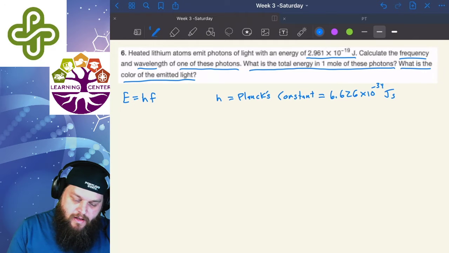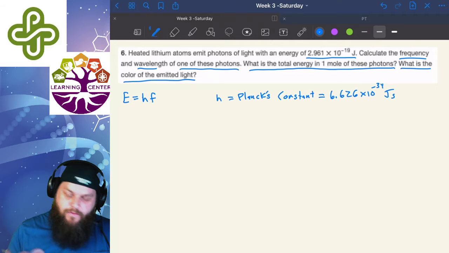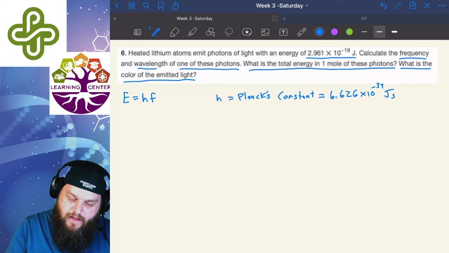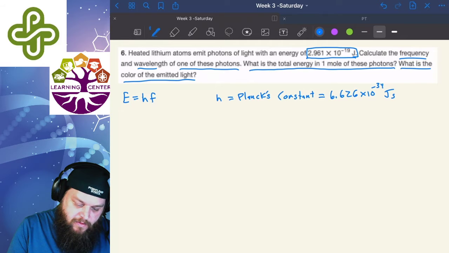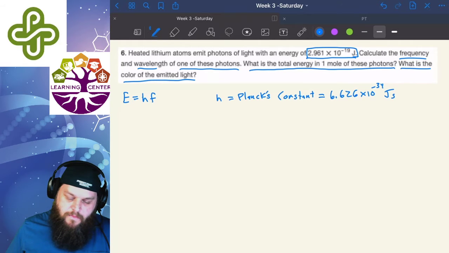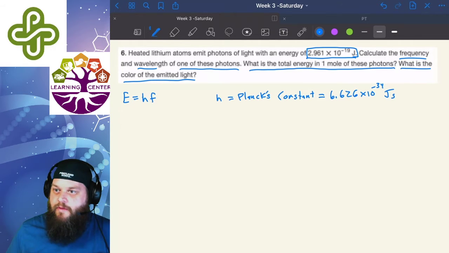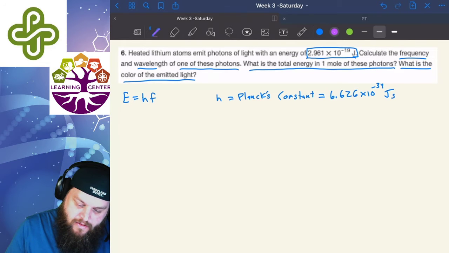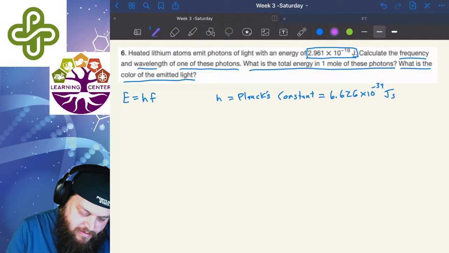So we can utilize that to solve for frequency, because now that we know the energy, which is up here, per photon, and this is the energy of a single photon, we can solve for the frequency. So let's do that. Change to colors here. 2.961 times 10 to the negative 19 joules.